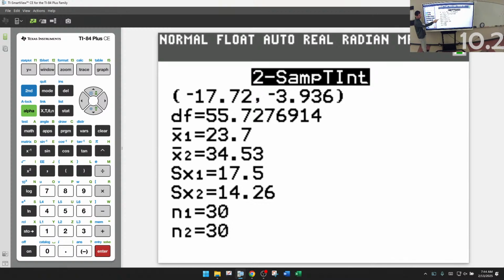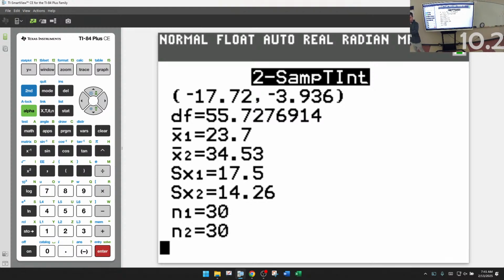There's X bar 1, X bar 2, the standard deviations, n 1, n 2, everything else you need. Please let your calculator do that math. Don't try to be a hero and punch all that stuff up and hit enter. Let your calculator do the math. -17.7, -3.9. Notice it's negative because I put the northern first and the southern second. It was larger, it's okay.